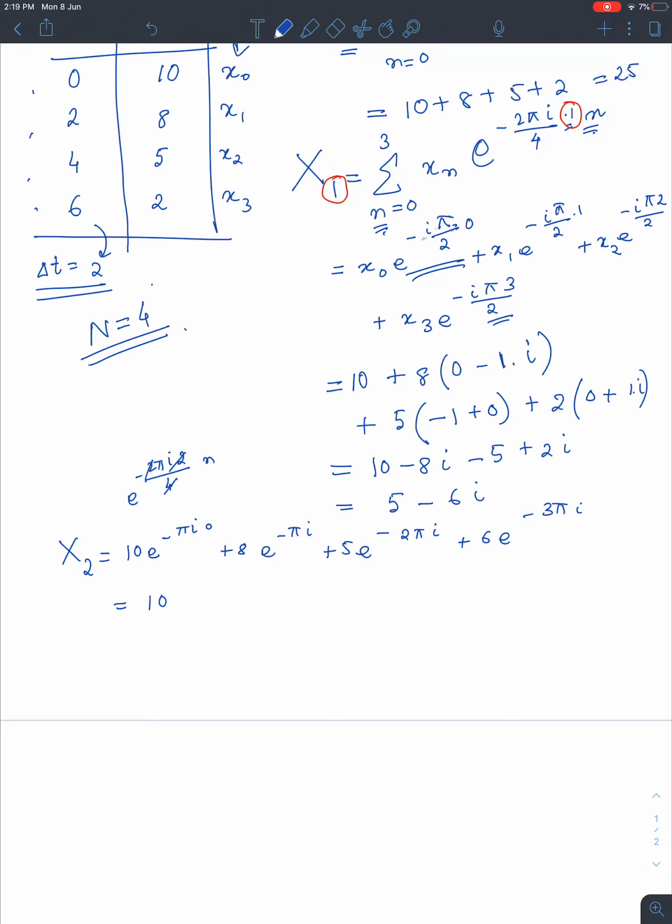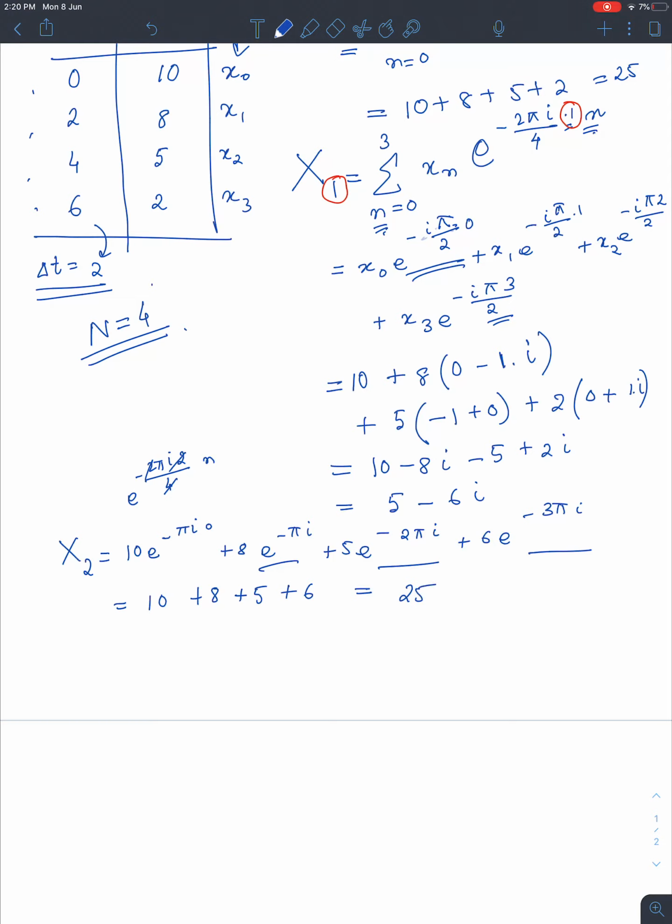So for all these cases, pi, minus pi, 2 pi and minus 3 pi, what we are getting is only cos. So that is 1 plus 8 plus 5 plus 6. So that is again the same value as we had before, that is 25.